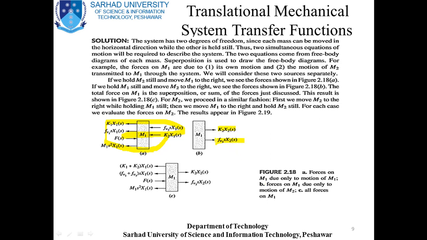So the total forces acting on M1 will be the sum of both of these cases. You can easily add both because there are different forces acting on the same body, so the total effect will be the sum of the individuals.